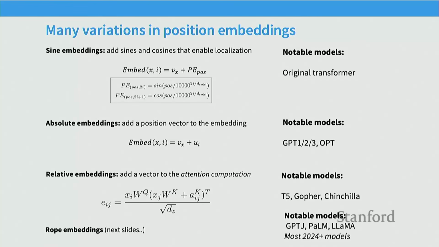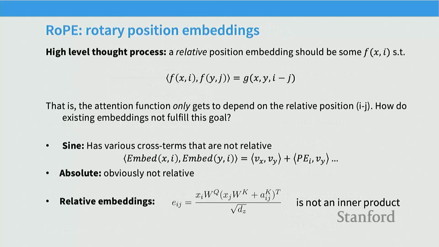And then I think most models have converged to RoPE, which is relative position embeddings. And this, I think, actually started in GPT-J. Once again, another open source contribution. It has really rapidly been picked up by most of the models. And so the high-level thought process behind RoPE is that the thing that matters is relative positions of these vectors, right? And so if I have an embedding f(x, i), where x is the word I'm trying to embed, and i is my position, then I should be able to write things down in this way, right?